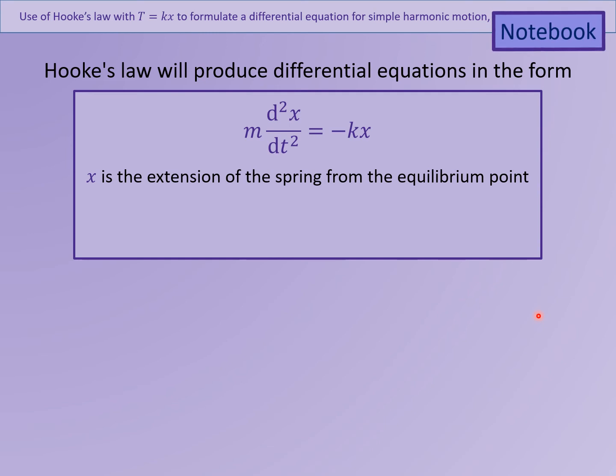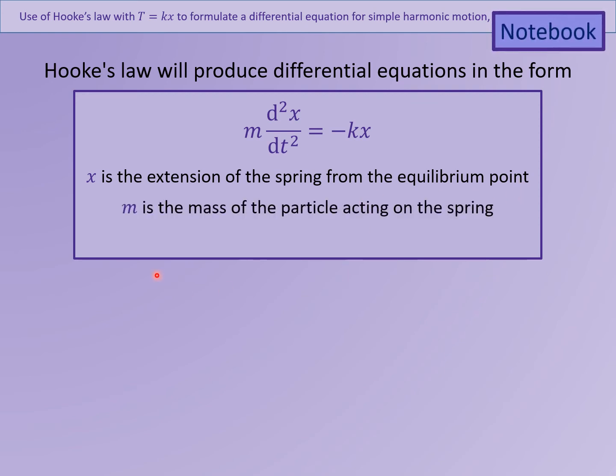That's important because in the previous one, when we talked about Hooke's law up here, the x was the stretch beyond the natural length. It's not that now. This x is beyond the equilibrium point, exactly the same as when we started looking at simple harmonic motion. So just note that. This is different to Hooke's law.